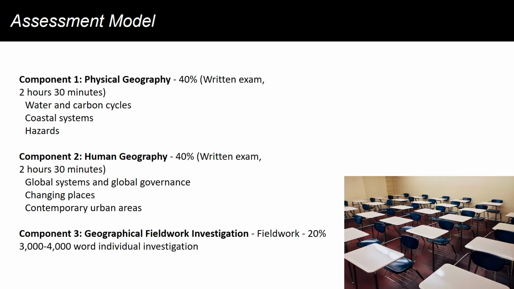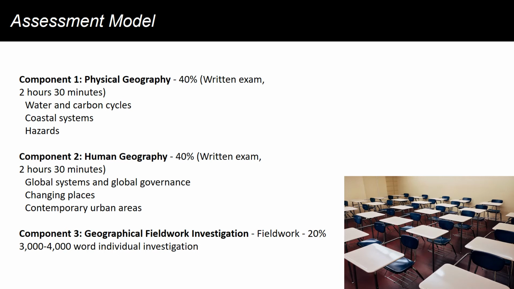Component 3 is a fieldwork investigation. As part of your A-Level Geography, you're required to do a minimum of 4 days worth of fieldwork outside of the school. As part of this, you will complete your own investigation into an area of your choice. You'll collect data, you'll present that data, you'll draw conclusions, you'll evaluate it.